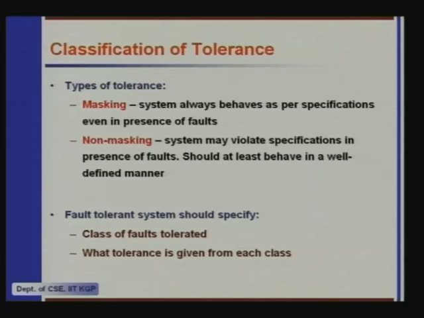But we always require redundancy in any masking system. Some sort of redundancy would always be required in order to guarantee that you are able to mask certain faults. Now, that redundancy may not be explicitly pre-specified or pre-planned.